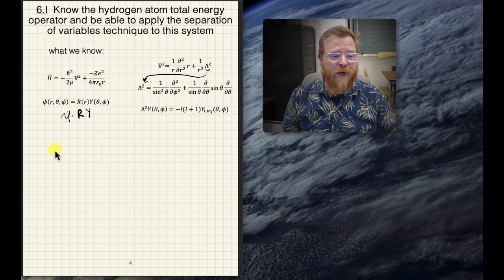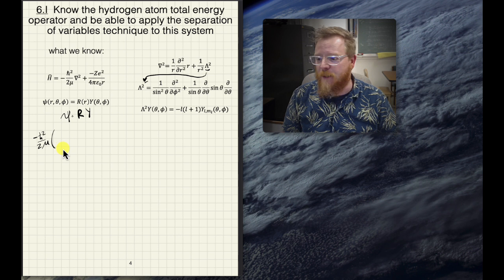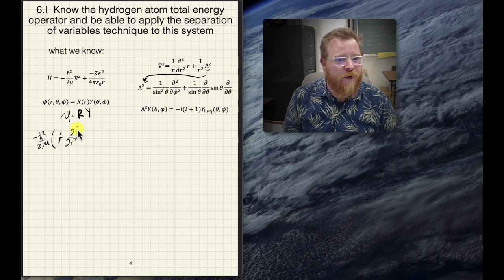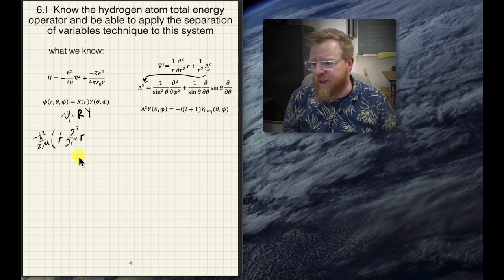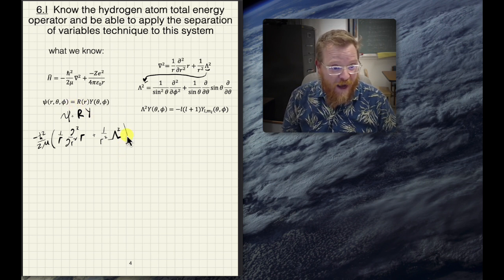Okay, let's put it together. So it's going to go negative h bar squared over 2 mu. And now I'm going to substitute in this version of the Laplacian, 1 over r times the second derivative in r of r, and then plus 1 over r squared times the Legendrian. And now that operates on psi.